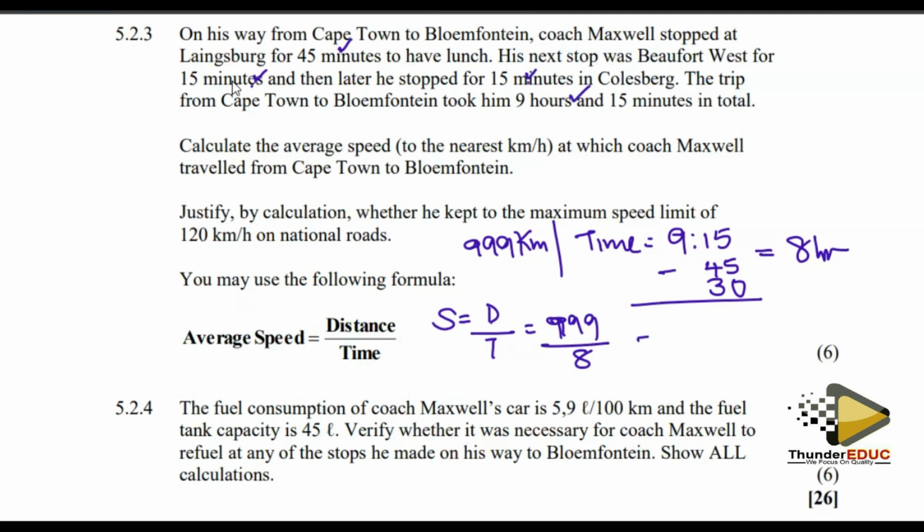So we have the answer as 124.88 kilometers per hour. Indeed, he was overspeeding. Why? He went above the 120 kilometers per hour.